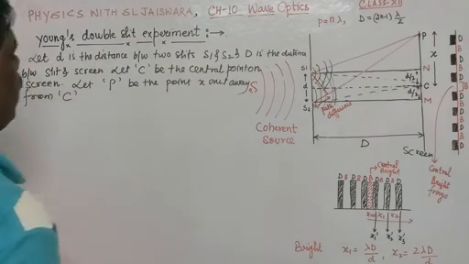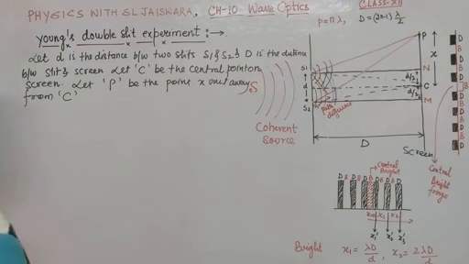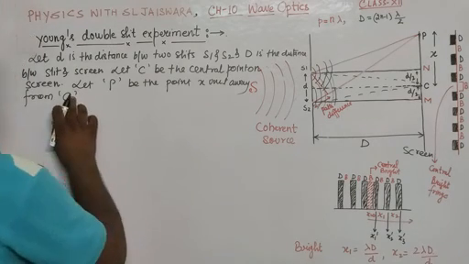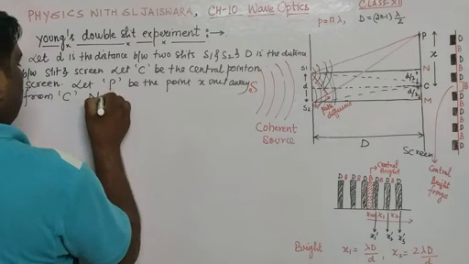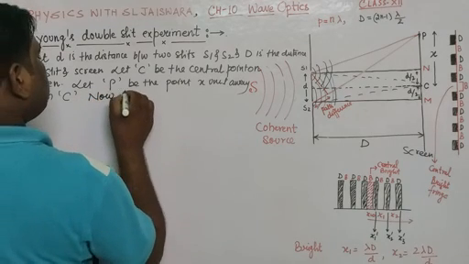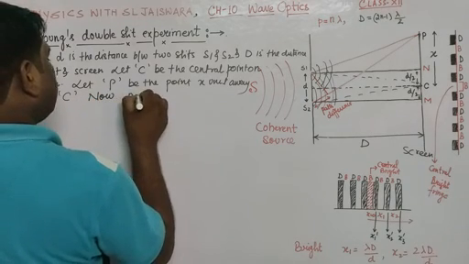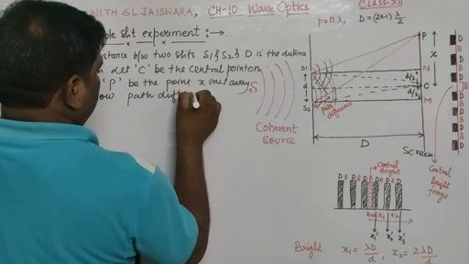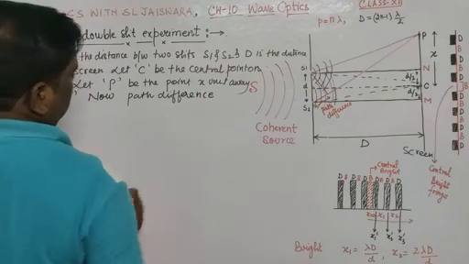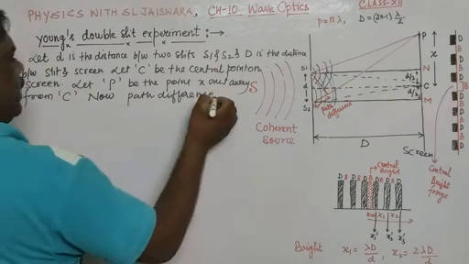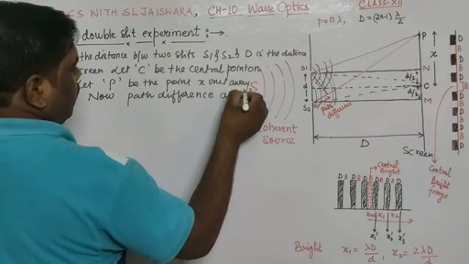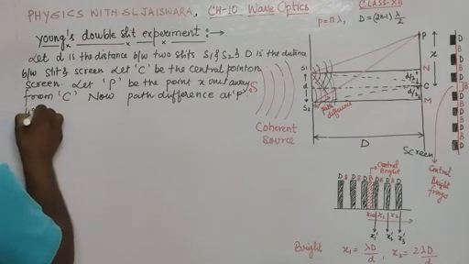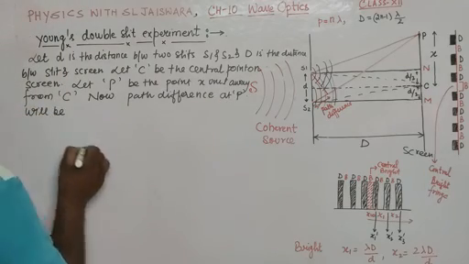So further write down: let P be the point which is x units away from C. Now the path difference at point P will be how much, children? Very good.